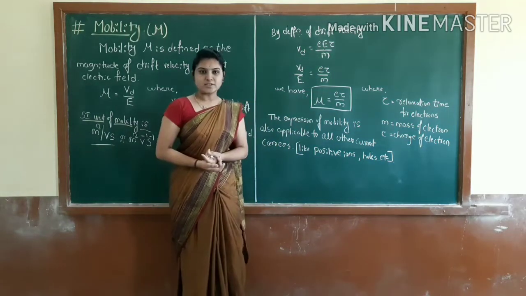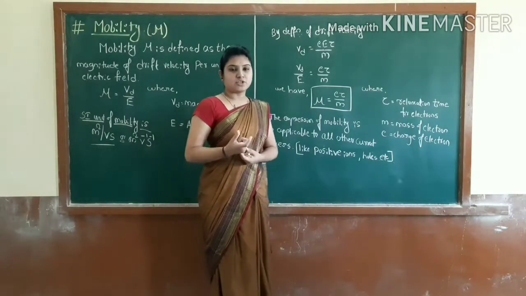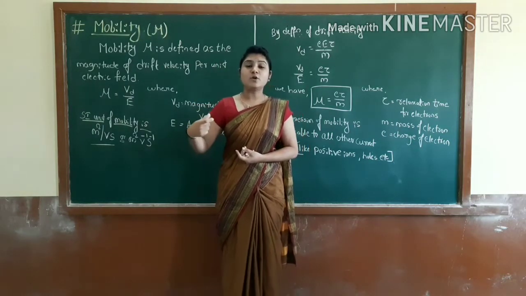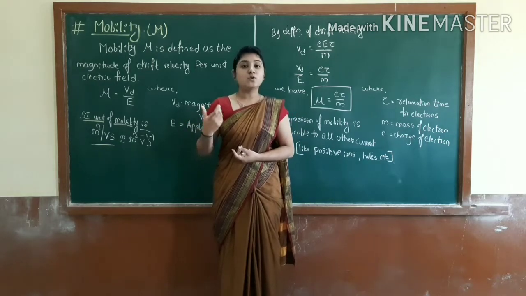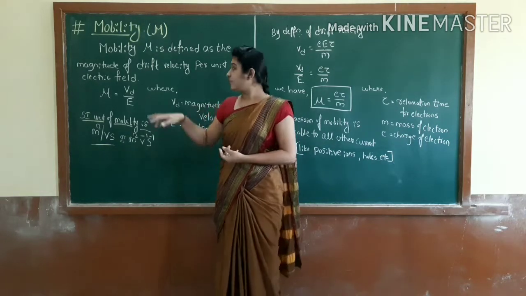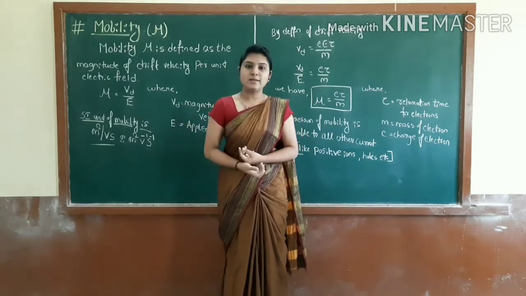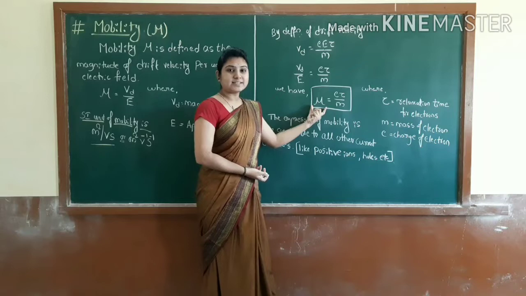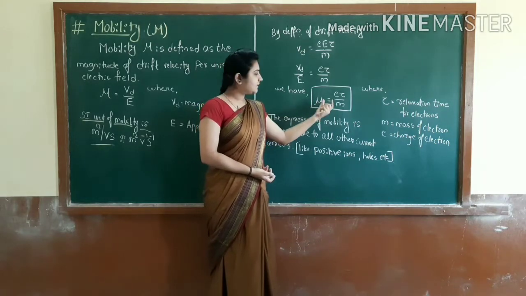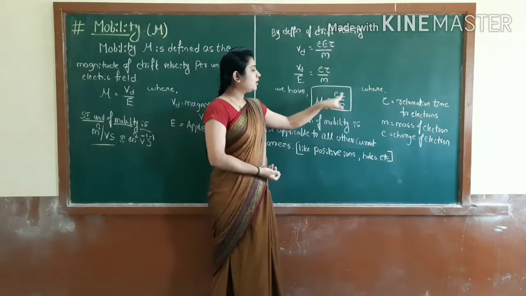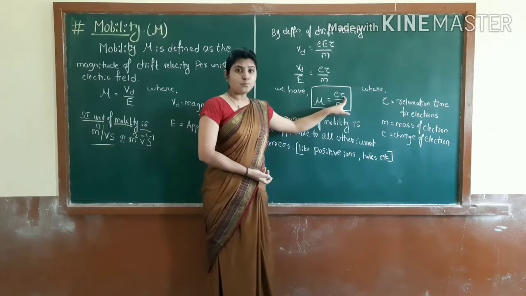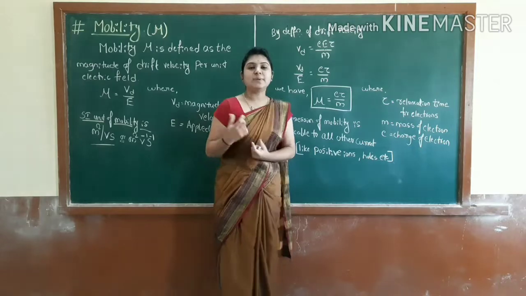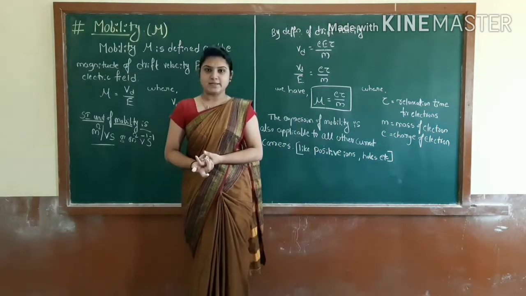By the definition we know that the ratio of the drift velocity to the electric field constitutes the mobility. Here we know mu is equal to Vd by E. So Vd by E I can write as mu. Mobility is equal to e tau divided by m.